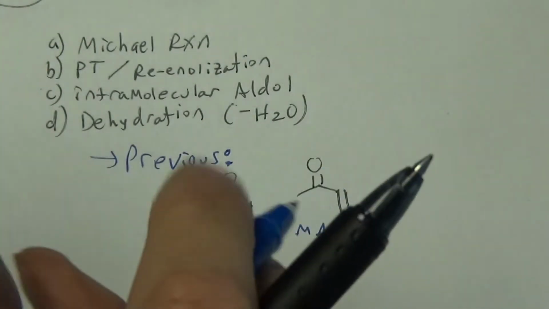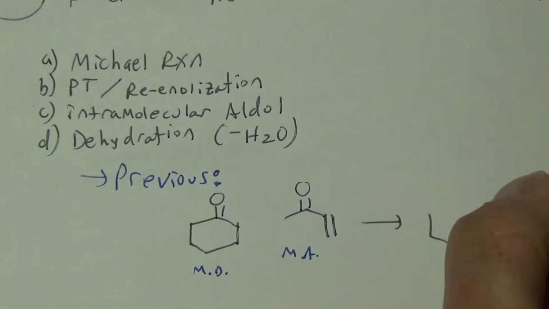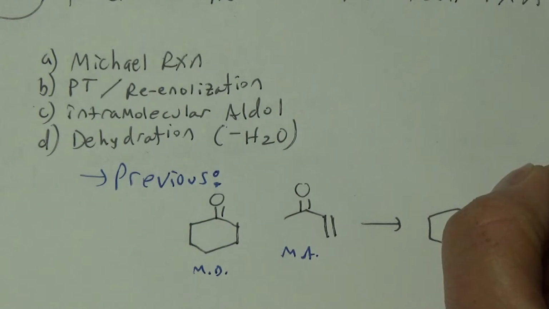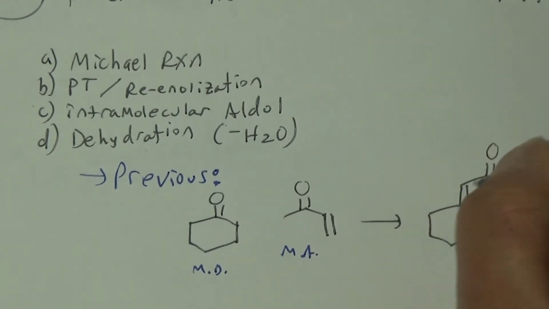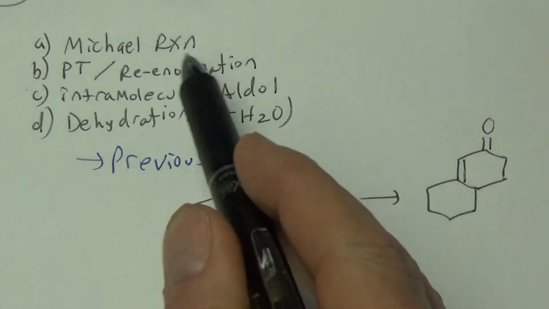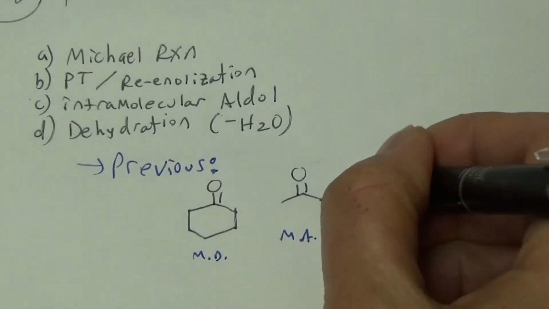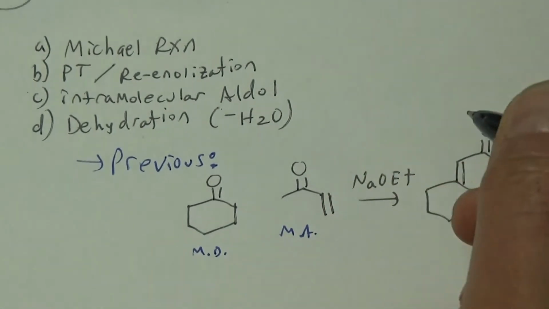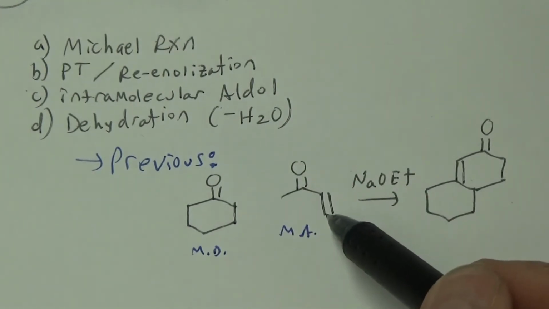The product of this is this. And in a nutshell, the Michael part is used to make an enolate, and probably NaOEt is the reagent. You make an enolate, it attacks, does the Michael onto the alkene here.